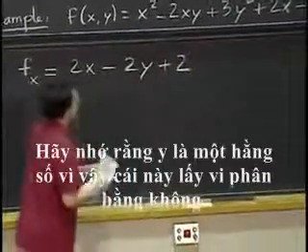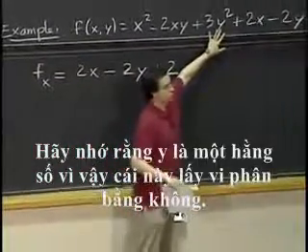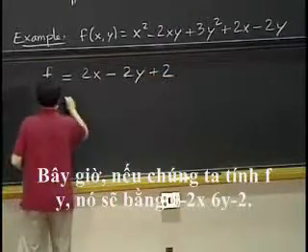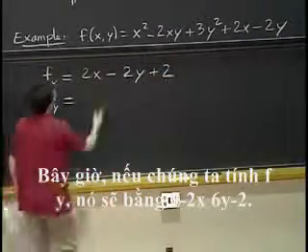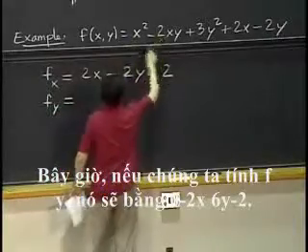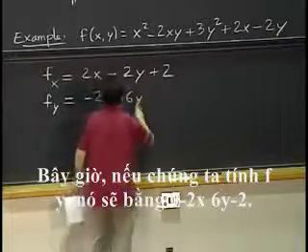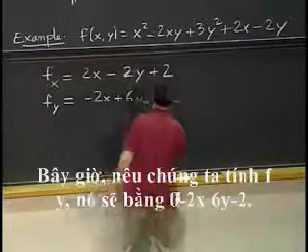Remember that y is a constant, so this differentiates to 0. Now if we do f sub y, that's going to be 0 minus 2x plus 6y minus 2.